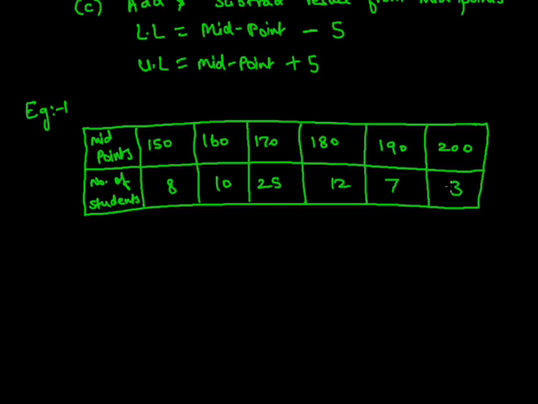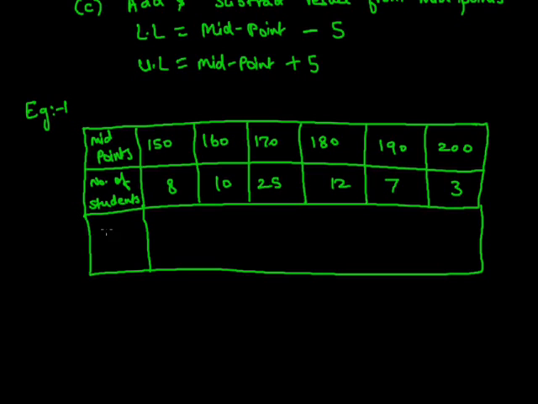So now what we'll do is convert these midpoints into class intervals, and for doing this we'll follow the steps that we have written earlier. We have to find out the class intervals for the midpoints.